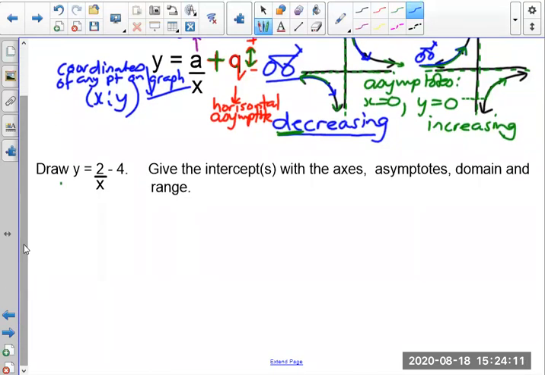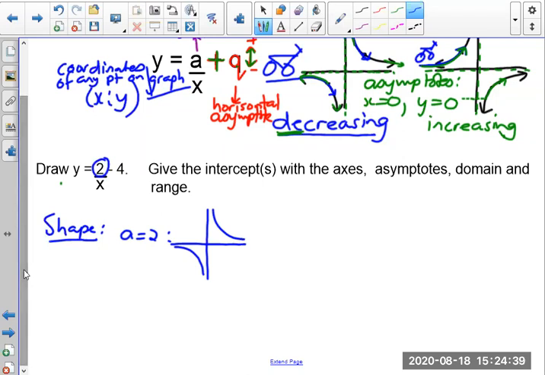So let's do an example. Draw y equals 2 over x minus 4. So first thing is the shape. Because there's a positive 2, and you see a equals 2, therefore your shape will be in the first and the third quadrants. In other words, the decreasing one.